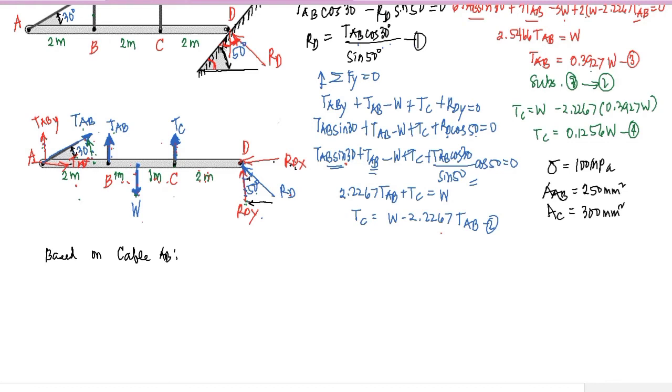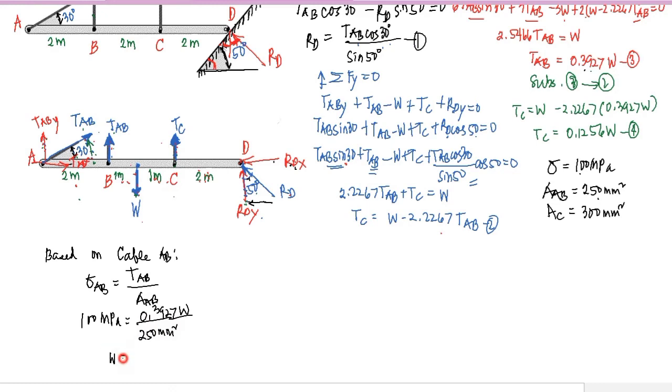For cable AB, we have stress in cable AB is equal to the force AB over the area of AB. Since all stress is limited to 100 megapascal, this is 100 megapascal. The tension AB, from our equation 3, is 0.3927 W, and the area of AB is 250 mm square.